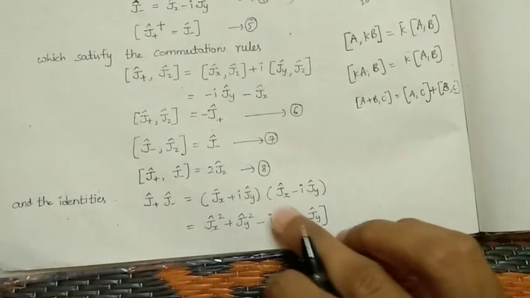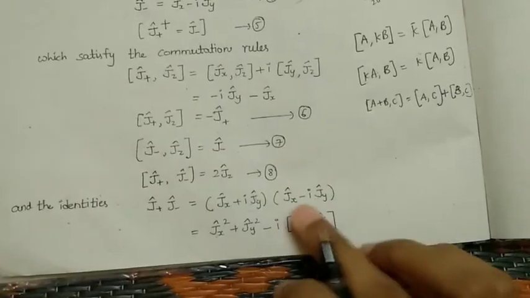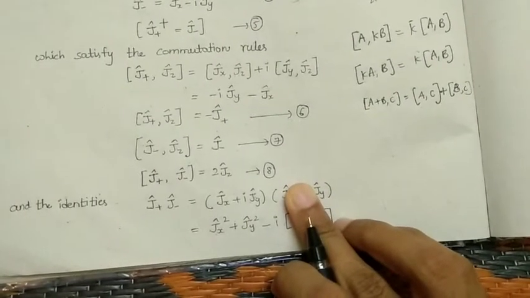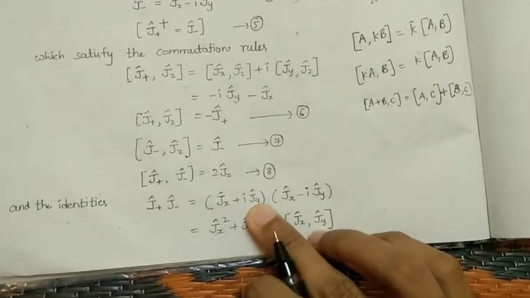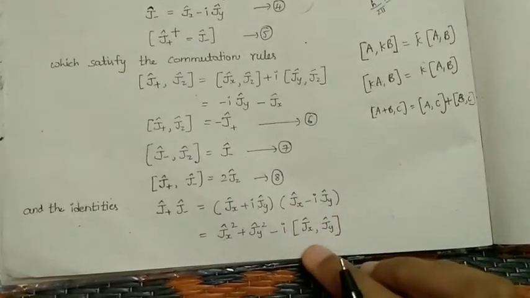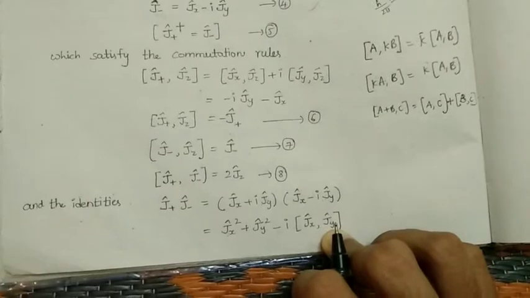If we take minus i as common in that product, we would get minus i, Jx Jy minus Jy Jx, that is nothing but the commutation of Jx comma Jy. As we know, the commutation of a comma b is nothing but ab minus ba.